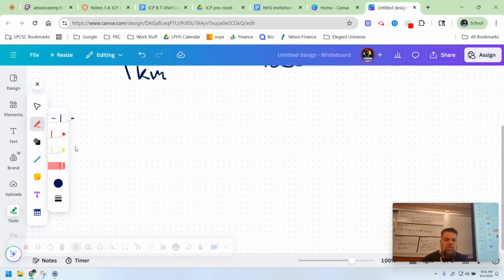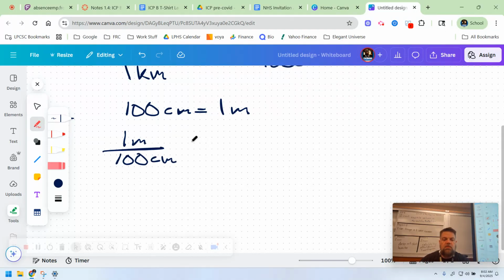Another example might be that you need to go centimeters to meters. So there are 100 centimeters in one meter. Okay. So that means you could say 1 meter over 100 centimeters, or you could say 100 centimeters over 1 meter.